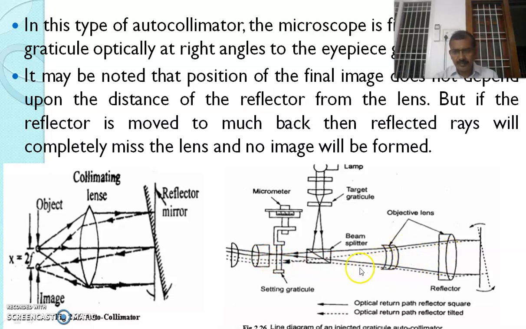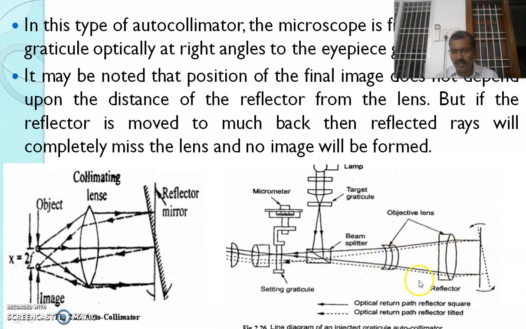Then the second case: the same ray hits the dotted one, which is the inclined workpiece. When it reaches the inclined workpiece, it is reflected by an angle 2 alpha, or 2 theta, and as it is reflected in this direction, it comes down.